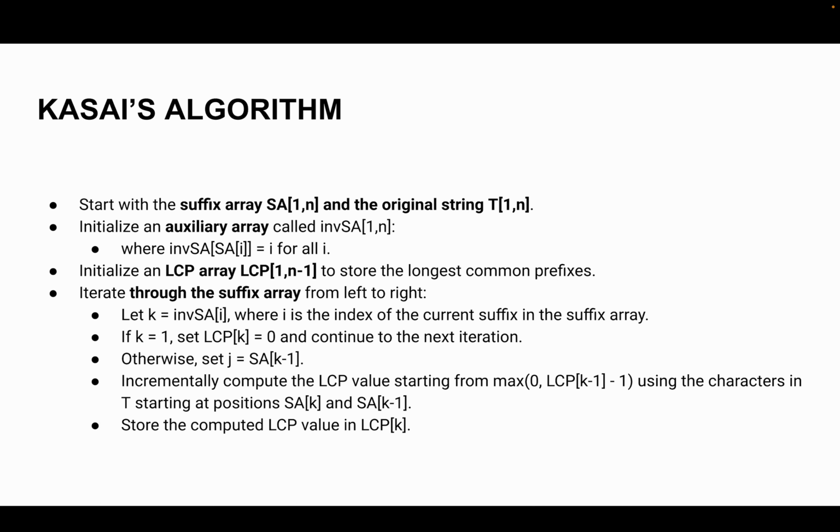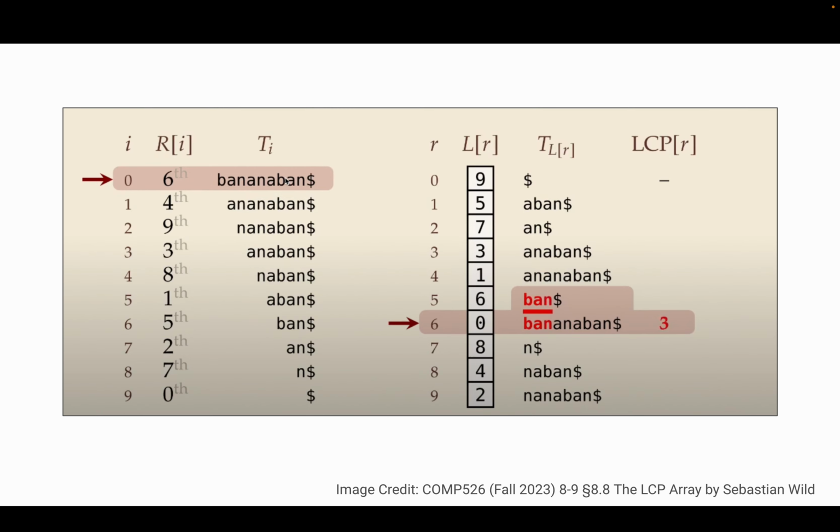When you find out the main string, the string that we have, banana ban is the biggest string that we have, the entire string, you might say. So we find out the corresponding position of banana ban in the suffix array that we have found out.